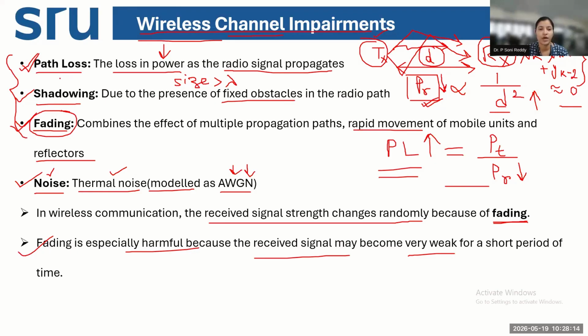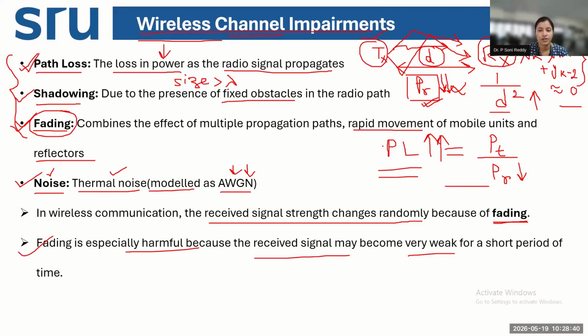First is called the path loss. Path loss is nothing but the loss the signal experiences when it is propagating through the wireless communication channel, and as the distance between the transmitter and receiver increases, the received signal power reduces. So if received signal power is reducing, then the amount of loss in the communication channel is also increasing.